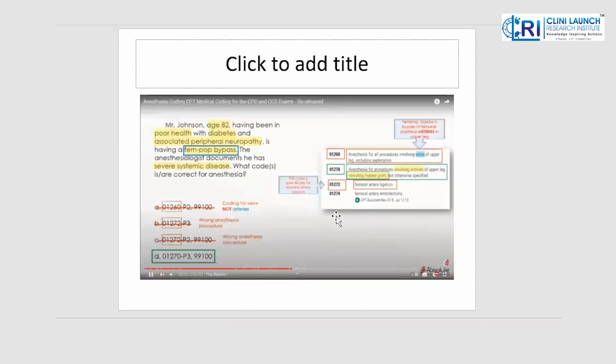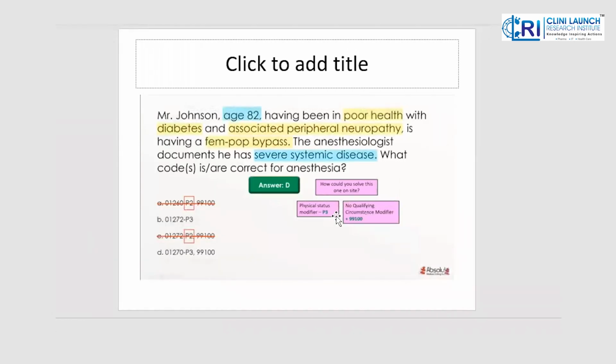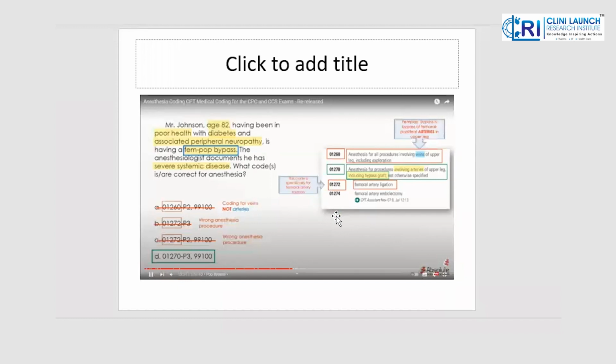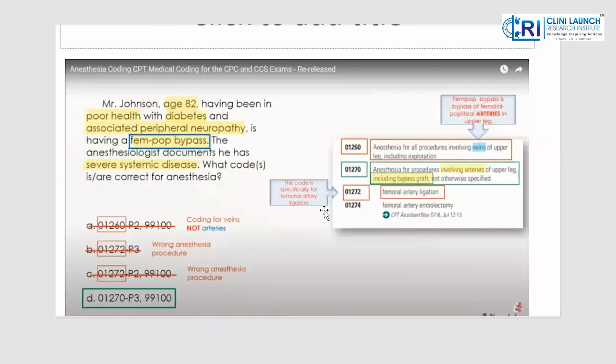Code description. Okay. So next we'll go for the code description. So we have erased the P2 options, right? That is the first and third option.